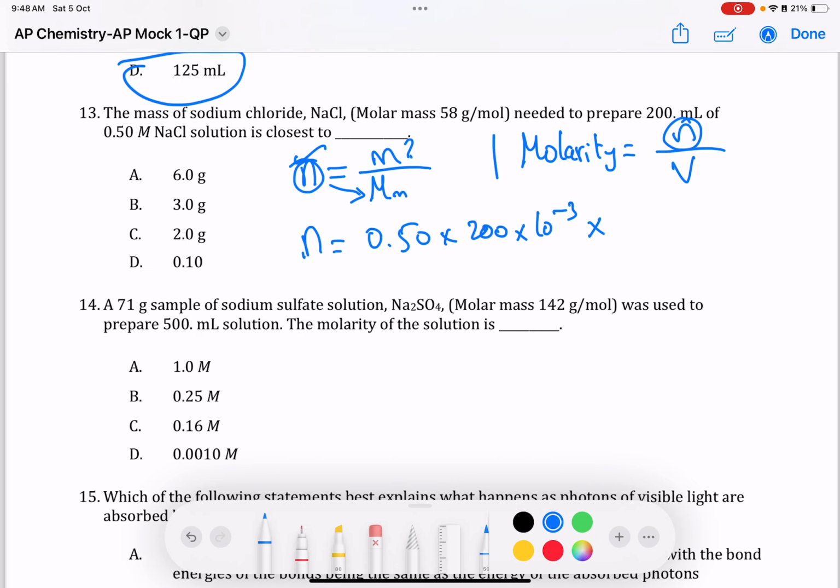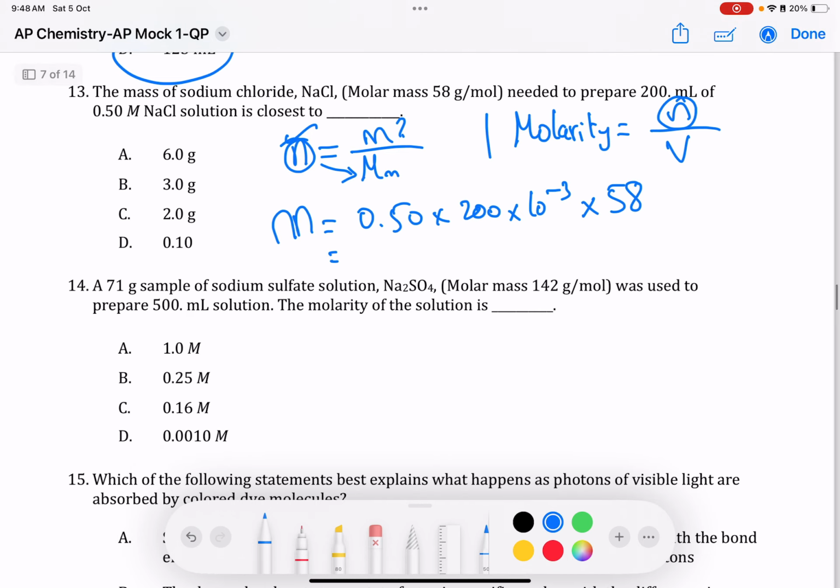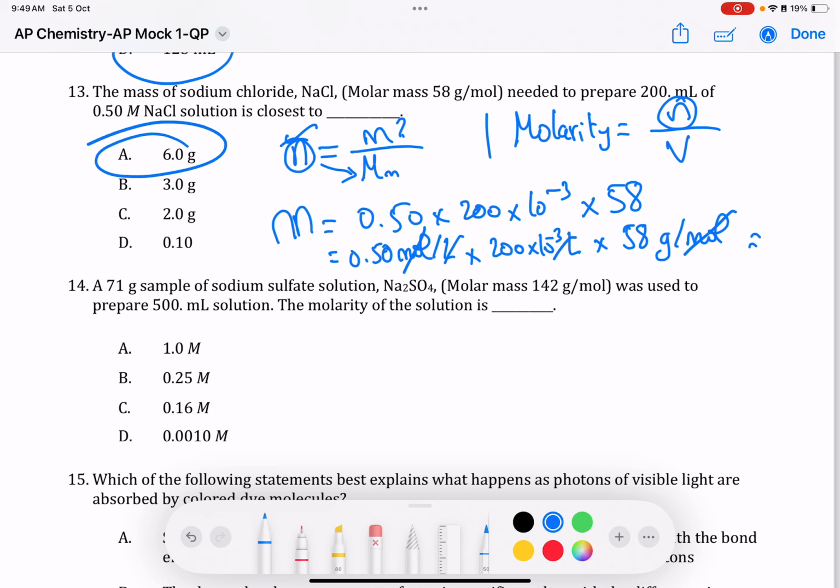If I include the values, it's 0.50 mole per liter multiplied by 0.200 liter, so that cancels out the liter, multiplied by 58 gram per mole, that cancels out the mole. Doing the calculations, the answer would be 5.8, so approximately 6 grams.